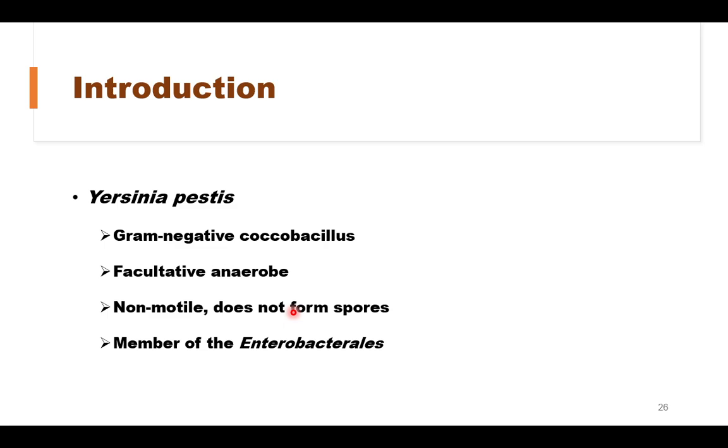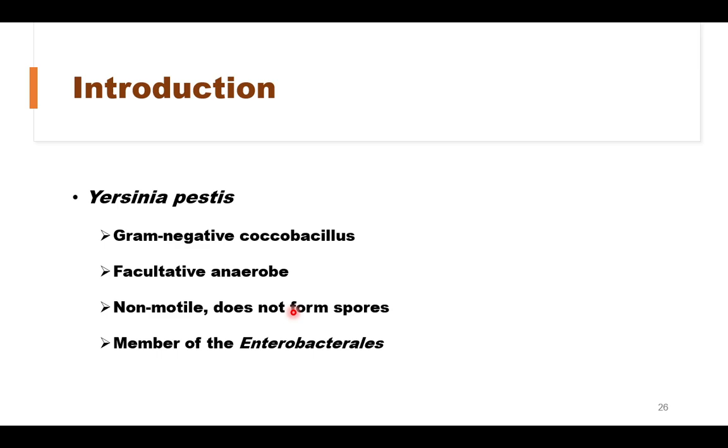But let me sound a note of caution. With E. coli, with Proteus, we say that they are commensal organisms in the gut. If we isolate them in a clinical specimen, we need a clinical context to interpret that result, okay?